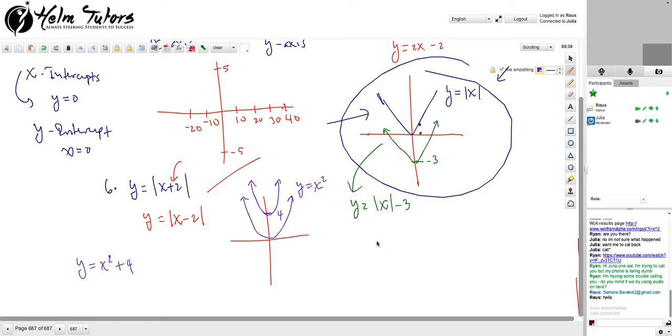But just like the absolute value, if you want to shift it left or right, you have to put the number together with x inside. So say I have x minus 3 all squared. Again, the parent parabola is y equals x squared, but this time I have shifted which way?